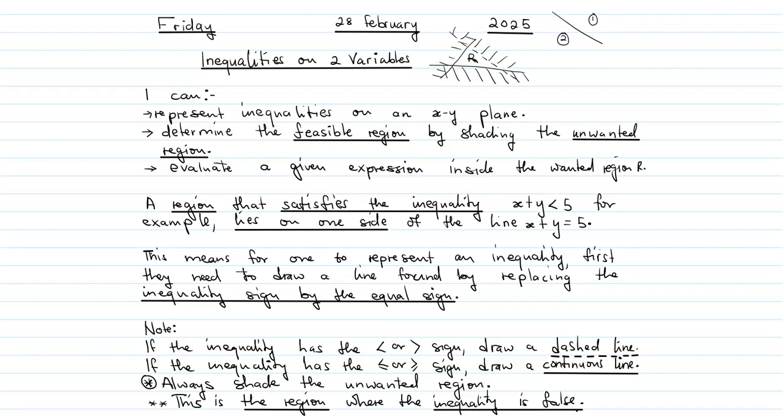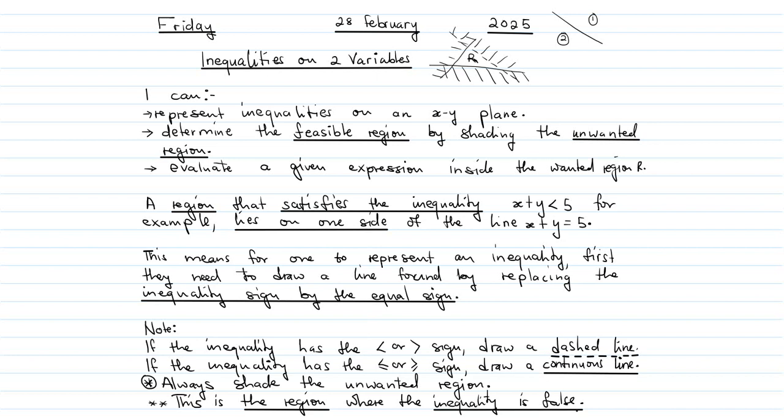And then if your inequality carries the less than or equal to or greater than or equal to, you draw a what? A continuous line. This line that I was talking about. That's why here you see we have a dashed line. So which means the inequality had less than or greater than. Then this one or these two, they are continuous lines.